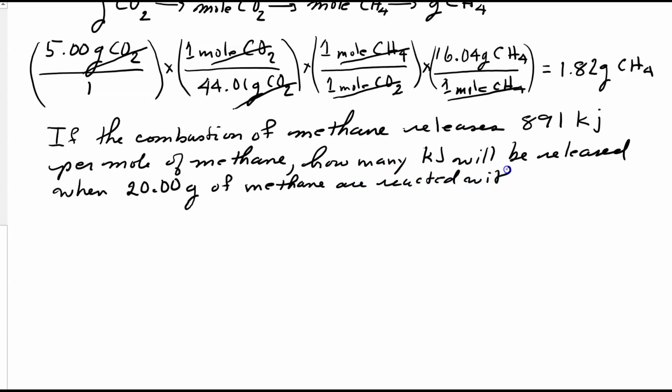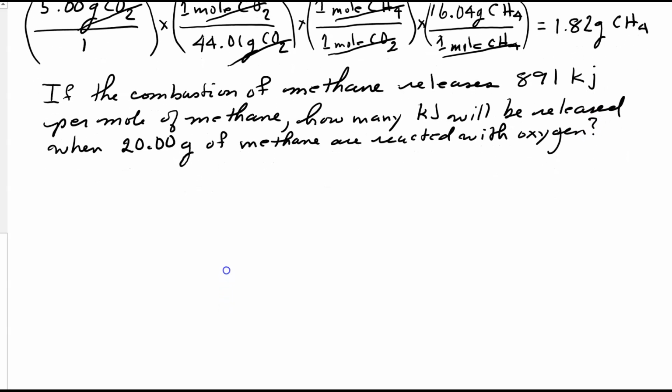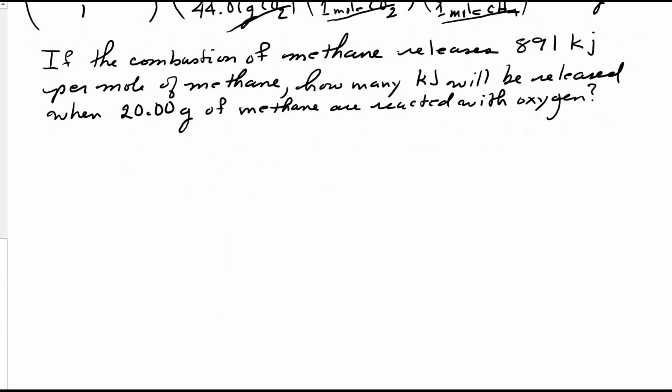Well, the process is essentially the same as what we just completed. But now, instead of a product, we have an energy release. We can, first of all, consider this to be a product in the process.